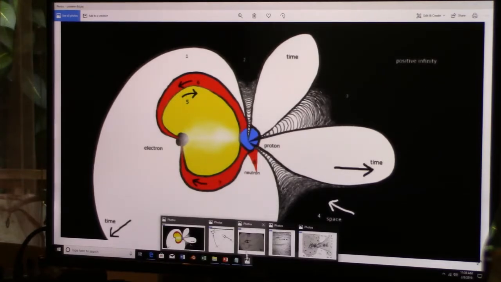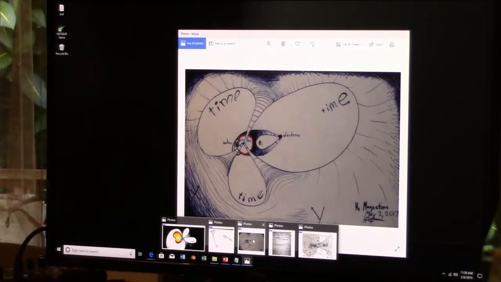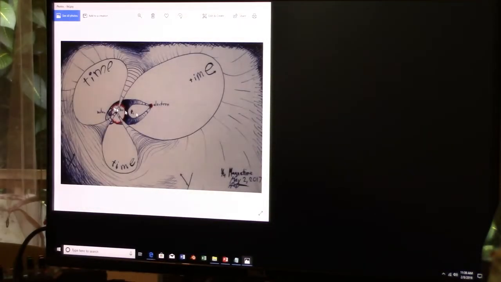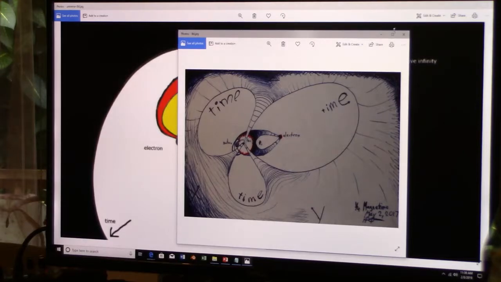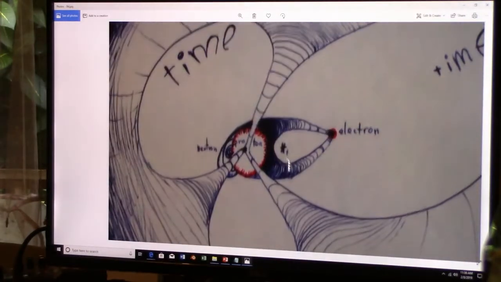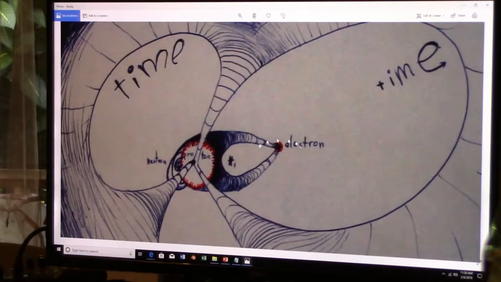And this one has almost the same type of thing going on here. And this one, we could say, has the red proton here with an electron connected through these 2 dimensions. And flowing the other way is this time-like dimension. So there's 3 dimensions between the electron and proton, but there's 4 dimensions between the proton and the universe.